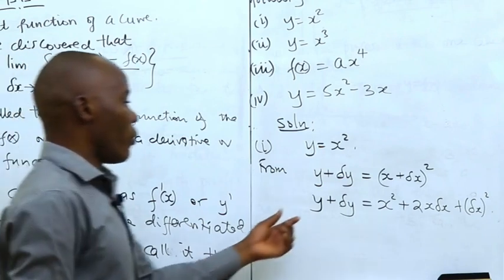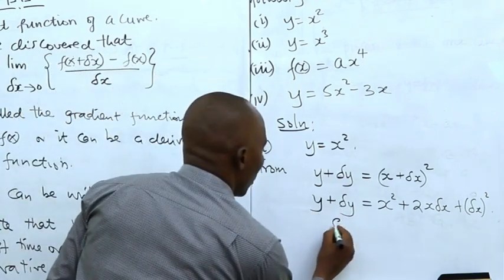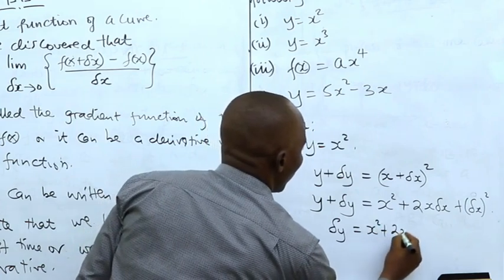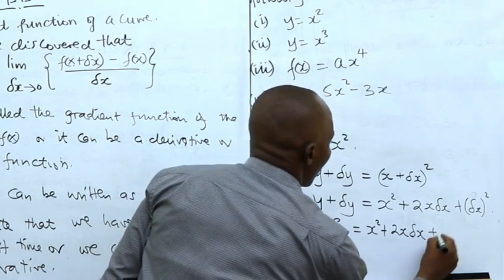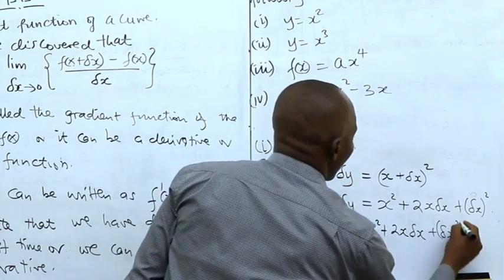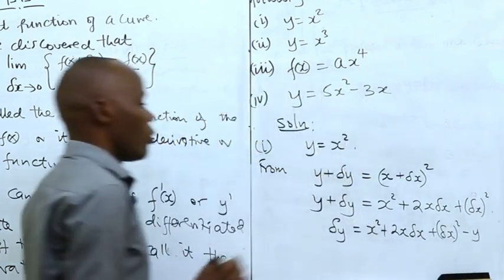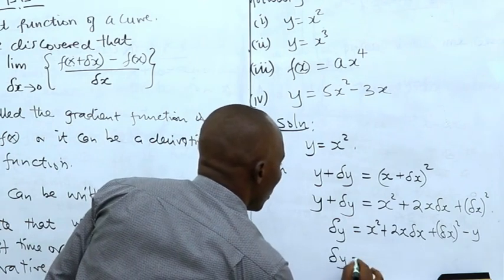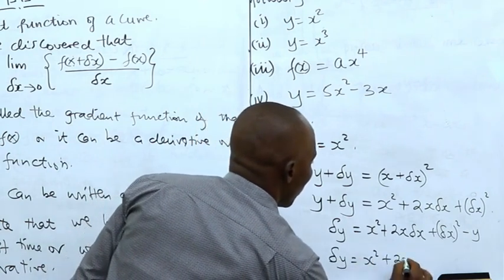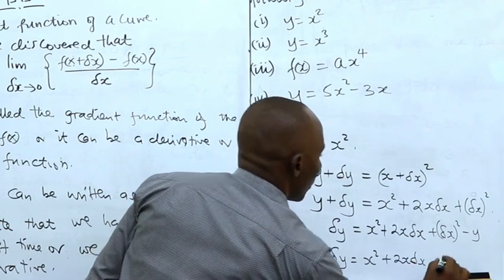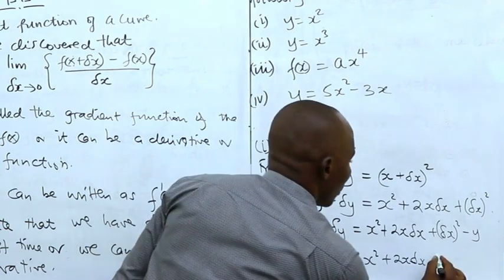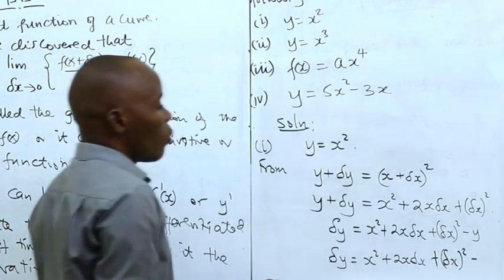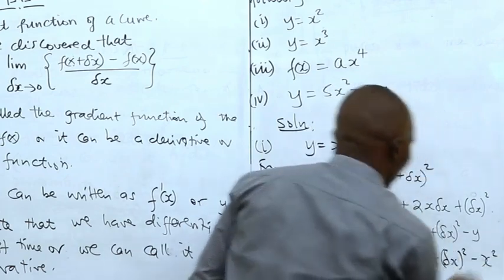Okay, so if we want delta y, it is x squared plus 2x delta x plus delta x squared, then minus y. So delta y is equal to x squared plus 2x delta x plus delta x squared minus the value of y, x squared.